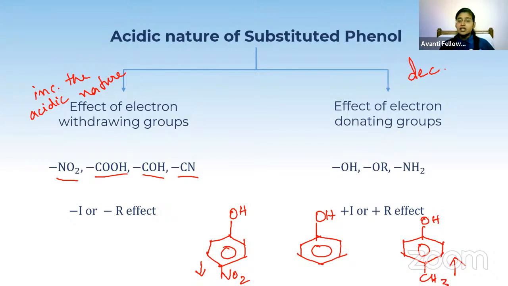So what will happen? Electron withdrawing groups will increase the acidity, so the first compound will be more acidic. Then if you compare phenol and methylphenol, phenol will be more acidic, because in case of methylphenol we have an electron donating group and that makes the ring electron rich. So it will be more electron rich and decreases the acidity.